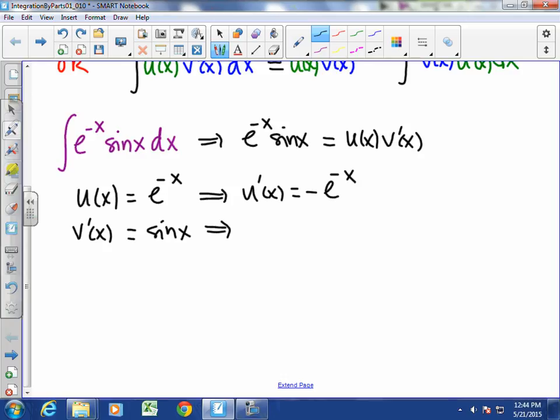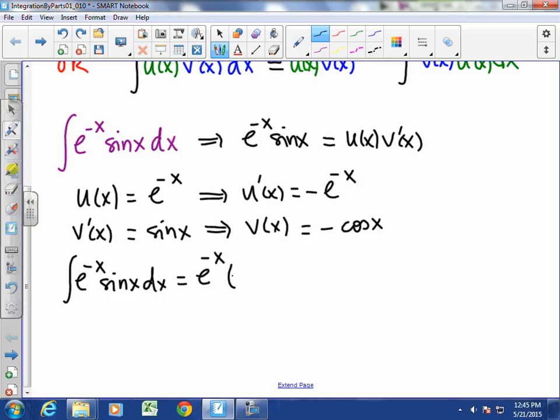And what is sine x? It is the derivative of negative cosine. So negative cosine x means that this is v of x. So the integral of e to the negative x sine x dx, as u is e to the negative x and v is negative cosine x, is uv minus the integral of v, negative cosine x, times the derivative of u, negative e to the negative x, dx.